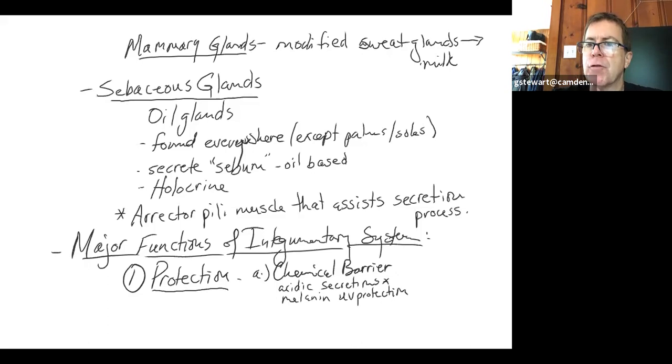We know that the skin also provides a physical barrier, mostly from tight junctions of those keratinocytes in the stratum corneum, but there are those waterproofing glycolipids from the stratum granulosum that provide a protective physical barrier. Let me write that out. So physical barrier.